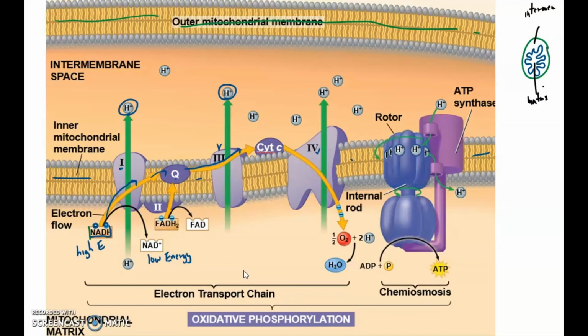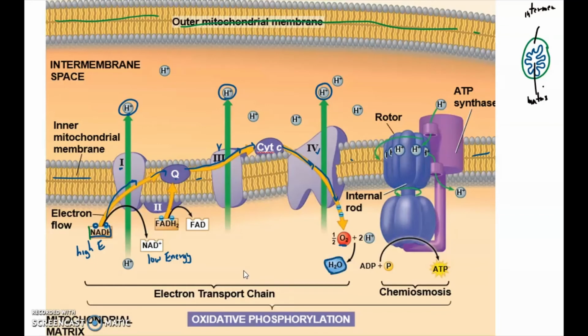The electrons are transferred to an even lower state to cytochrome C, and then finally to protein complex 4, and yet another proton is delivered into the intermembrane space. The electrons are then very low energy electrons, and they are combined with oxygen and hydrogen and make water.